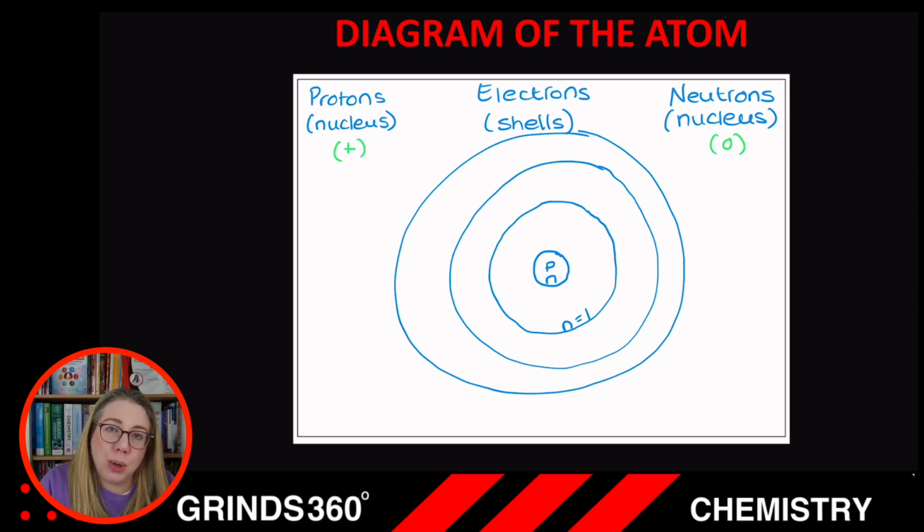When we start putting electrons into the atom, I'll show you the rules for this in a minute. Your first electron is going to go into n is equal to 1, and so will the second. The first shell, the first ring around the nucleus, can't hold more than 2 electrons. It's a maximum of 2, and that's it.